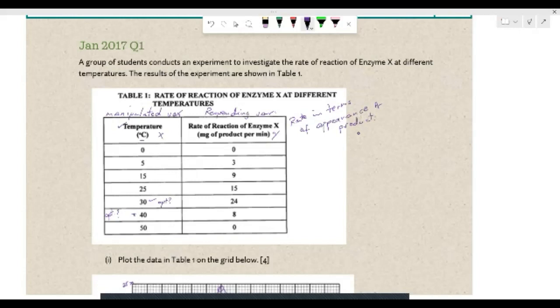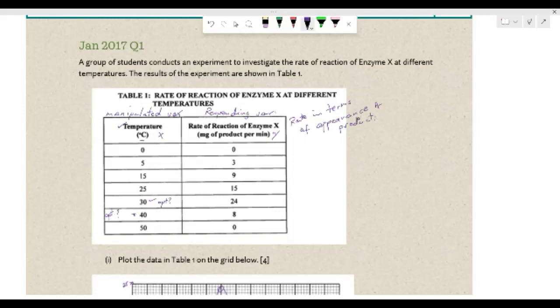If the experiment is focusing on appearance of product, then you're going to get the typical enzyme temperature graph. However, if the experiment is looking at disappearance of the substrate, then the graphs are going to be flipped upside down, so instead of a nice peak, you're going to get an upside down U. So keep that in mind if there are questions that use that type of experiment.